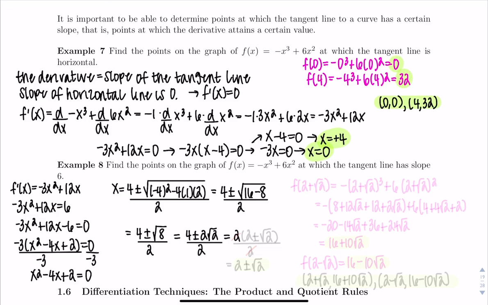We can take a 2 out of the top, and we're left with 2 plus or minus square root of 2 all over 2. The 2's will cancel, and we get 2 plus or minus square root of 2. So we need to plug these values into our original function.